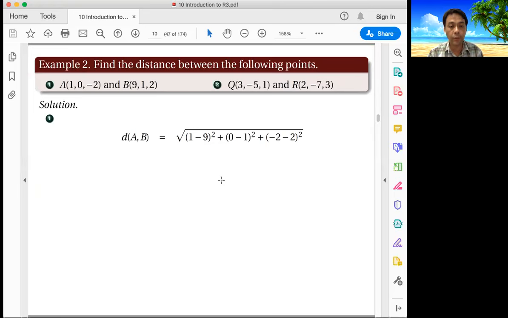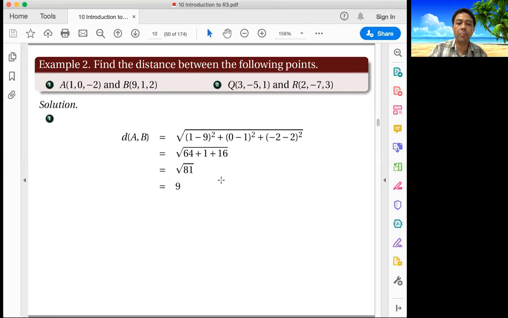So 1 minus 9, then 0 minus 1, then negative 2 minus 2, and then we square them, add the squares, and get the square root, and so the distance is 9. So if you're in three-dimensional space and you have these two points, you can use a straight edge, a ruler, and show that the distance is indeed 9 units.